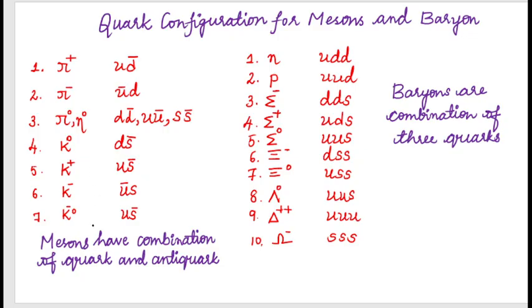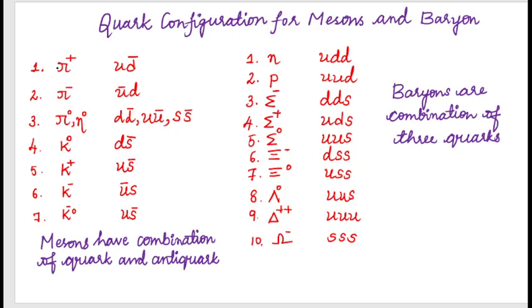These are nothing but my mesons. For every meson we have the respective quark combination. One thing we need to keep in mind is that mesons are a combination of two quarks, one quark and one antiquark.